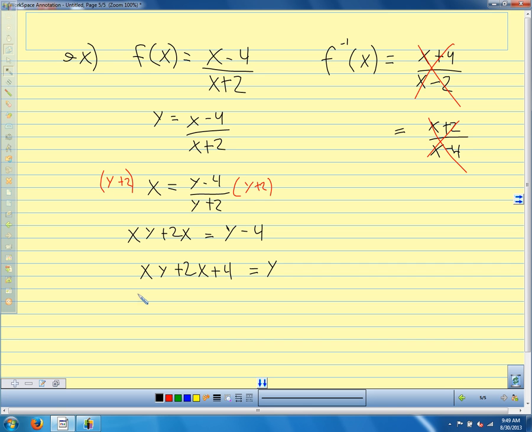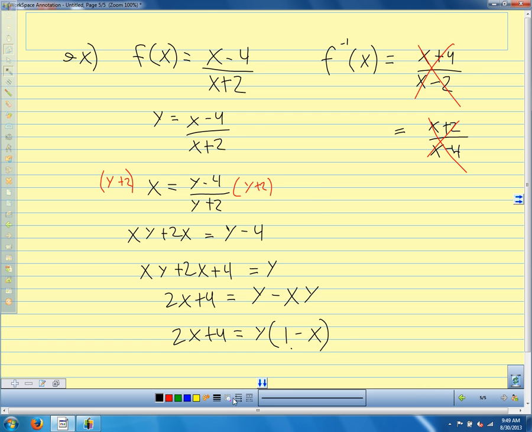Okay, so our first step is, I have two terms with y's in them. Let's get all of those terms together. So now I'm going to subtract xy from both sides. So 2x plus 4 equals y minus xy. So I have all the terms that have y in them together on one side of the equation. And then, like I said, let's factor out the y. 2x plus 4 equals y times 1 minus x.